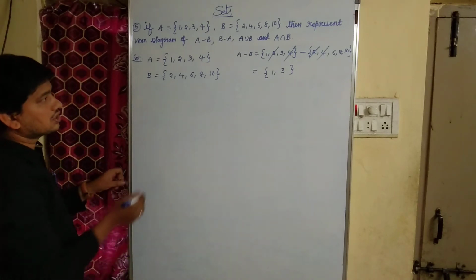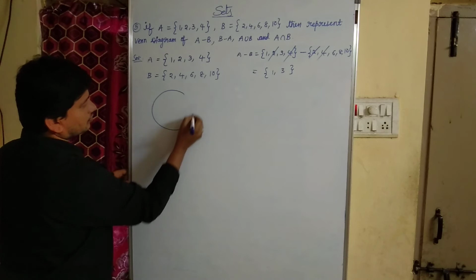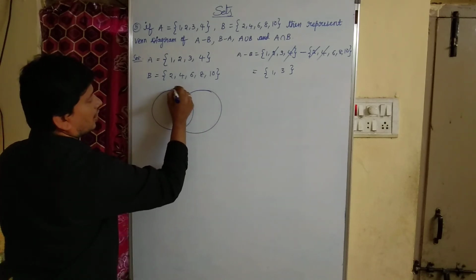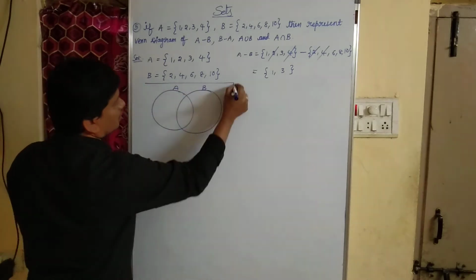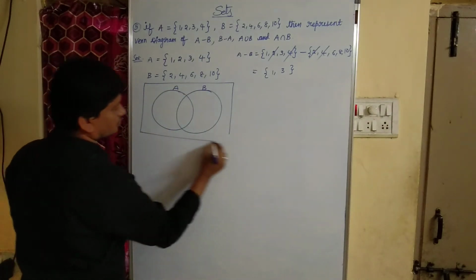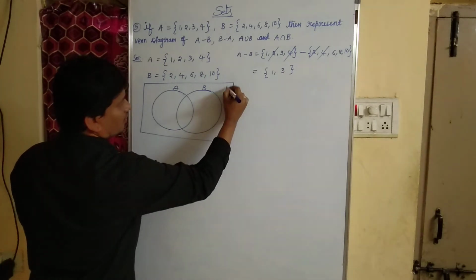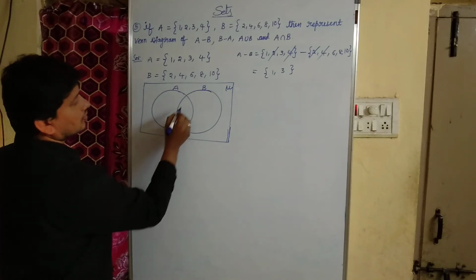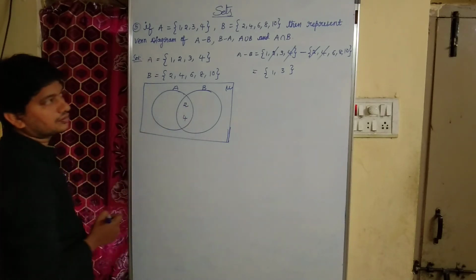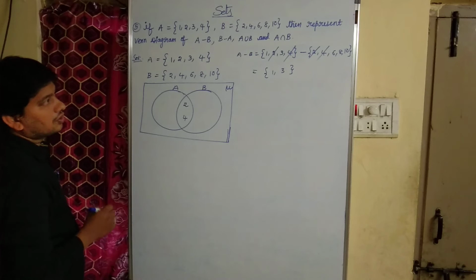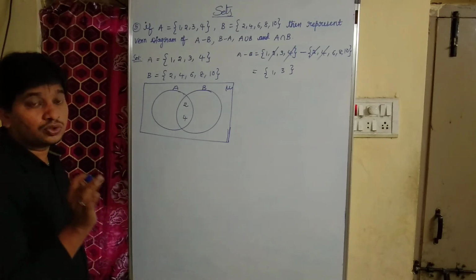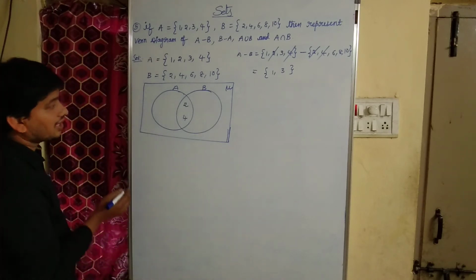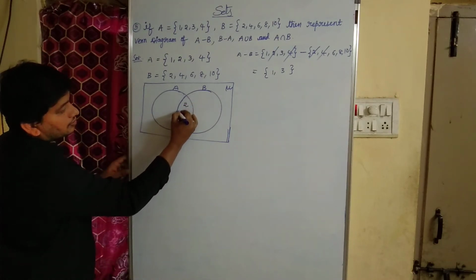See, let me represent using a Venn diagram. This is A and this is B. This is our universal set mu. The common elements are 2, 4. Right? A minus B means, as I told you, only elements in A but not in B. This is our only A, children.